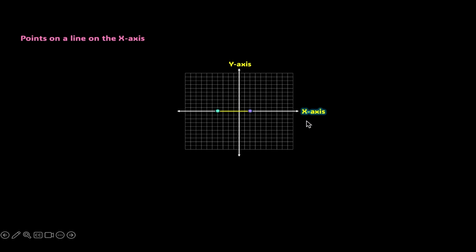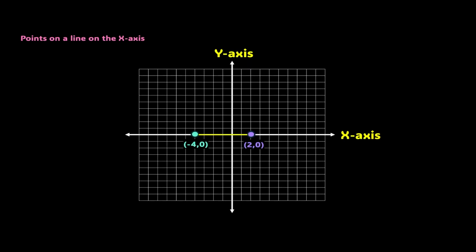Another point to notice is that the blue point is (-4, 0) and the purple point is (2, 0). Let us name them A and B respectively. Notice there is no difference in the y coordinates, as you can see here. This is due to the fact that the line is parallel to the x-axis and thus the y coordinate remains constant.